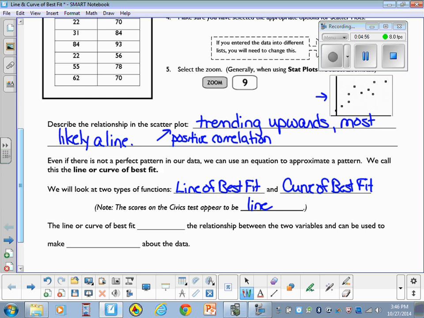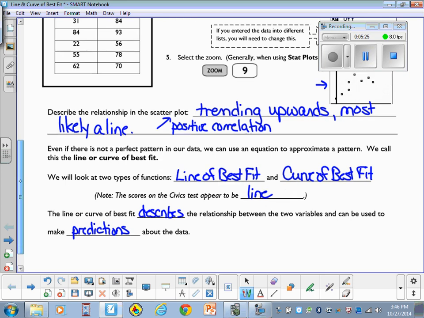The line of best fit or curve of best fit describes the relationship between two variables and can be used to make predictions about the data. So for example, I could predict, well, if you studied 90 minutes, what kind of test score would you expect to get? If you only studied for 30 minutes, what kind of test score would you expect to get?